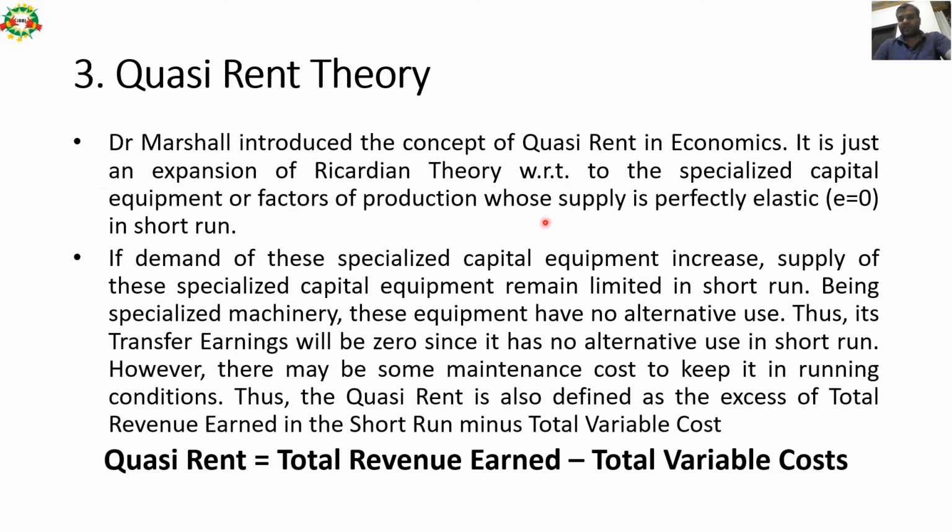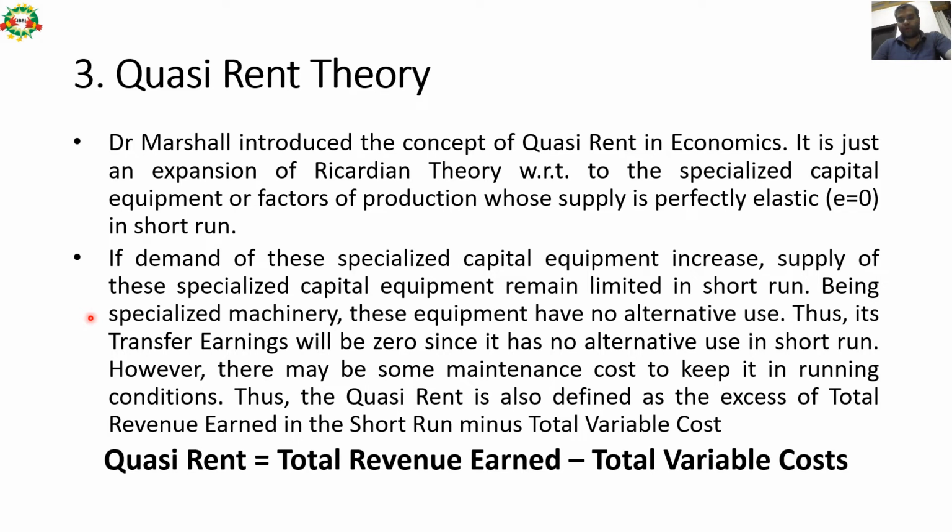We already discussed this elastic demand and supply in previous sessions. If the demand for these specialized capital equipment increases, the supply of these equipment remains limited in the short run. Being specialized machinery, these equipment have no alternative use. Thus its transfer earnings will be zero, since it has no alternative use in the short run.